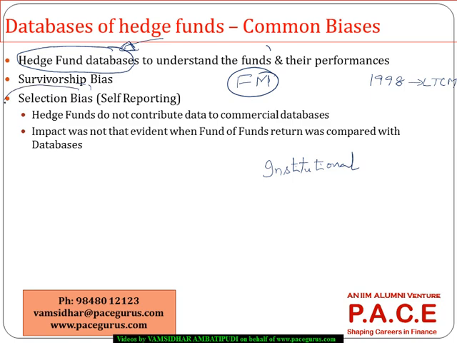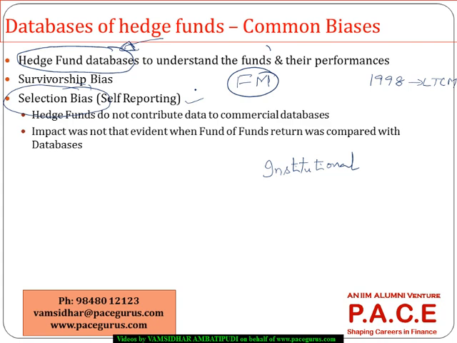That is what I am calling selection bias. As far as reporting the performance of the hedge fund is concerned, it is the option of the hedge fund manager whether he would like to report the performance or not.